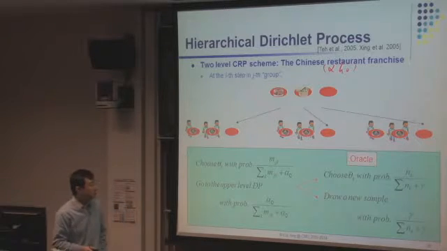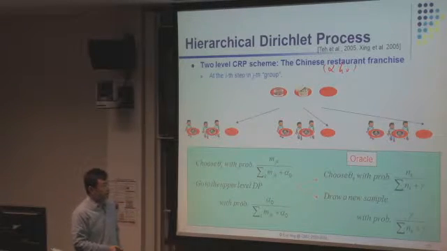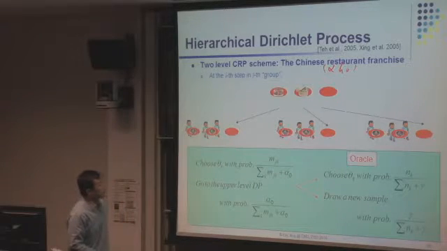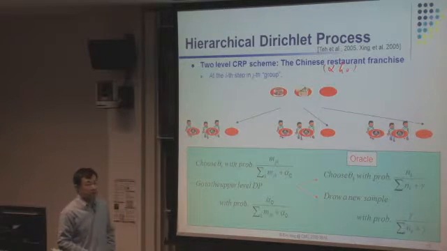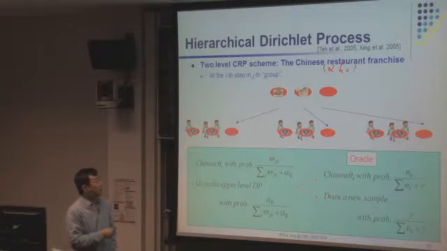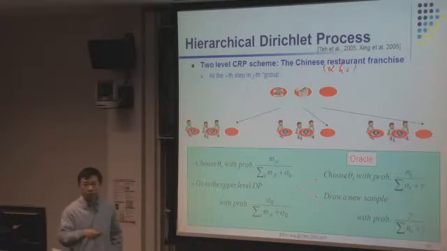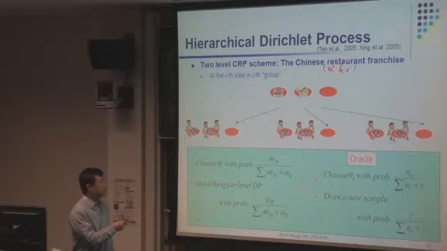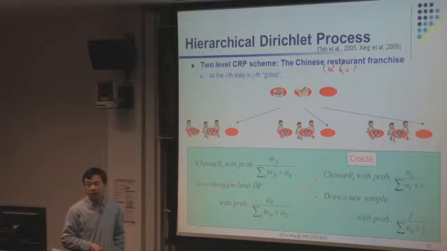Okay, and the procedure is pretty funny now. It's going to be a little bit more complicated than the Chinese restaurant process. So this guy comes in, and he is going to do the usual CRP process, and sit on a table with the probability proportional to the number of customers already there.